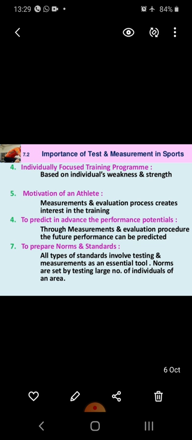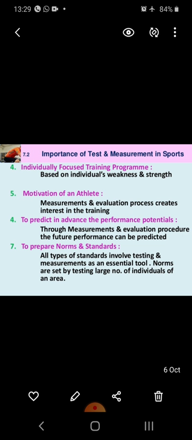So they have set a benchmark that the 10th class students should at least run for 20 minutes to qualify. So the teacher says whoever will run 20 or more than 20 minutes, he or she only will be selected. So all types of standards involve testing and measurement as an essential tool.